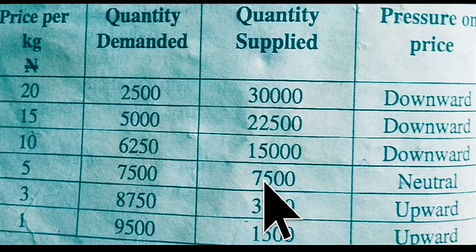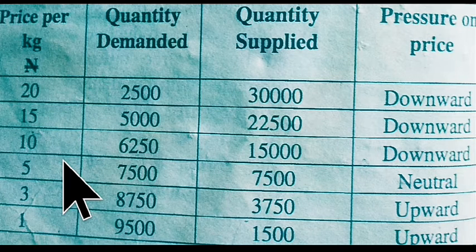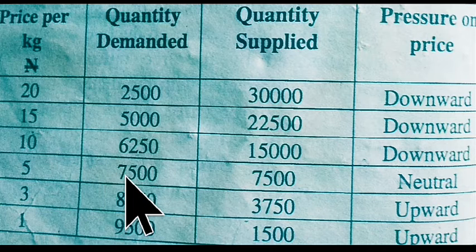As stated earlier, the equilibrium price is 5 naira. This price is also called the market clearing price because at this price, there is neither a surplus nor a shortage. The quantity 7,500 kg sold and bought at this price is called the equilibrium quantity.